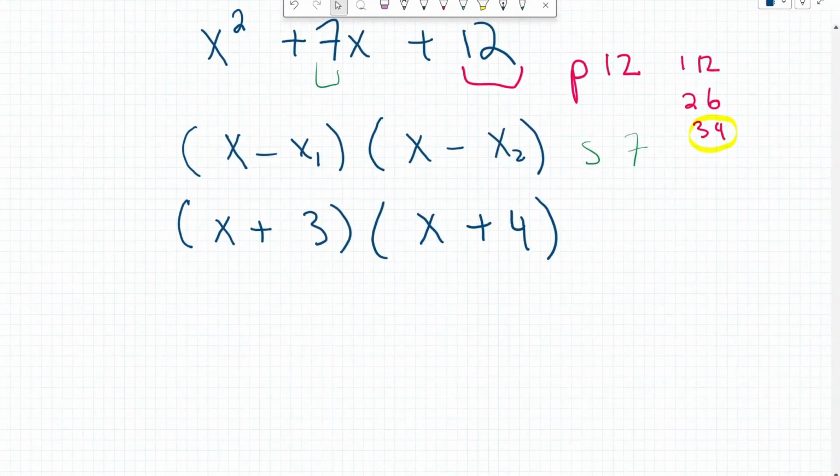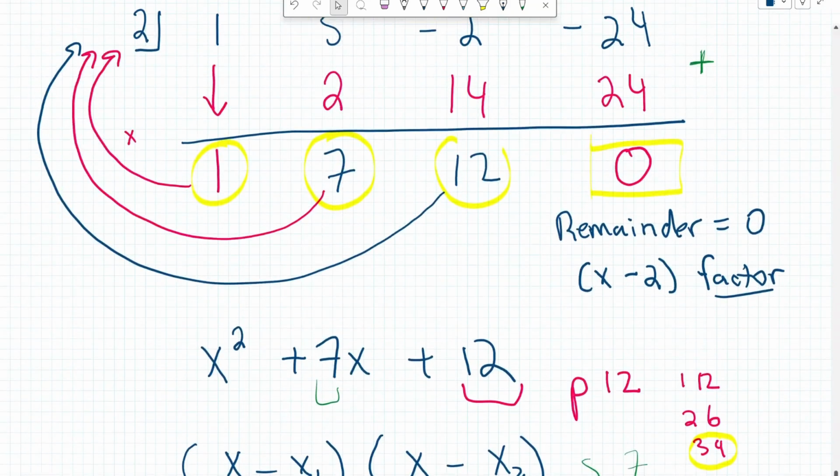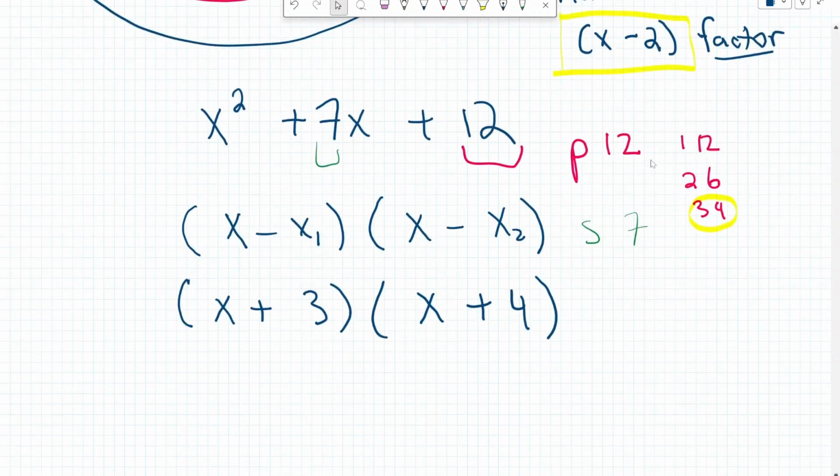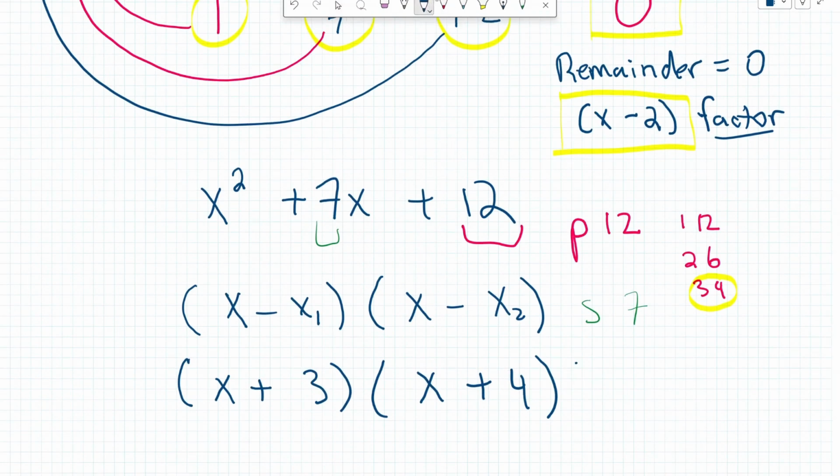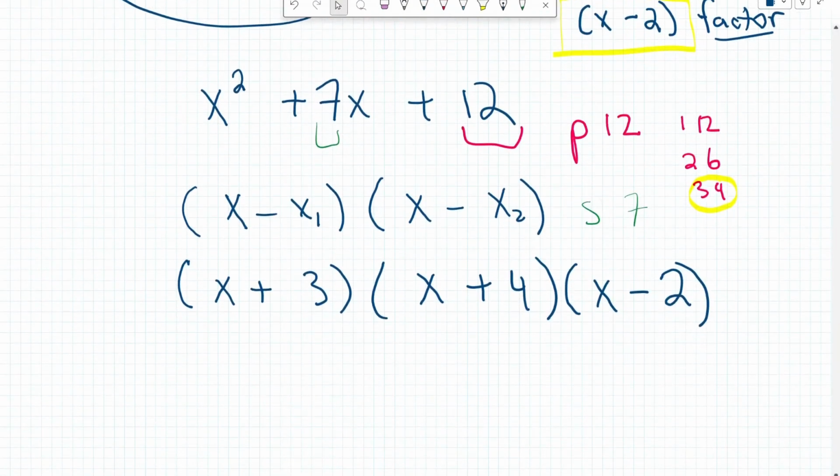We're not quite done yet. We've done all the hard work, but we absolutely have to remember our first factor. X minus 2 is also a factor, so make sure to include that in our final answer. So let's add that right over here, x minus 2. And there you have it.